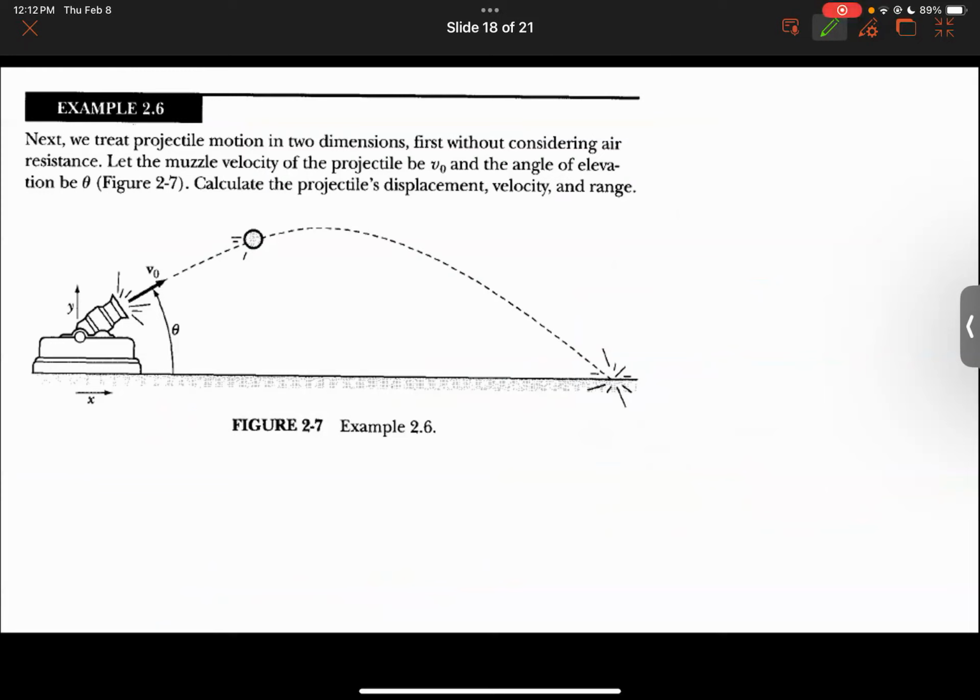Lahat ng mga ito ay nasa book naman. Gusto ko rin i-discuss sana tong problem na ito. So we'll find time to discuss this next meeting kasi this problem sort of involves a unique solution para makuha yung trajectory tsaka yung velocity.